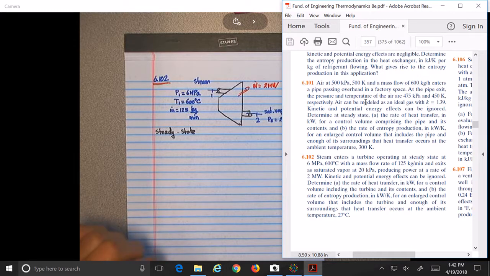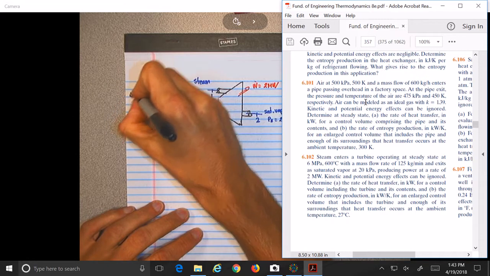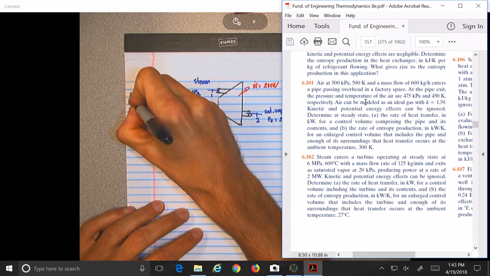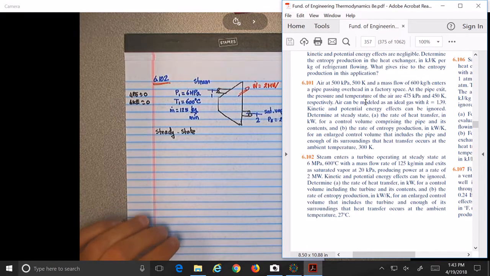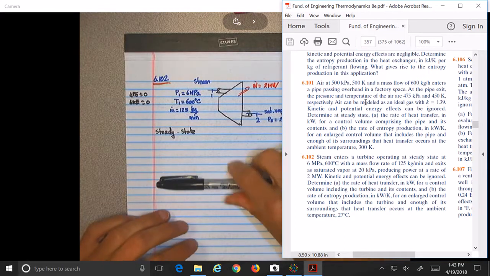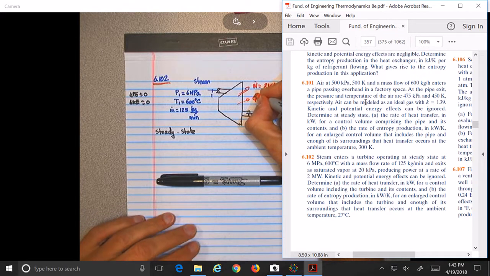So kinetic and potential energy can be ignored. Determine the rate of heat transfer in kilowatts for a control volume. So we need to find, what do we need to find? Q, okay, I don't know if it goes in or out, but Q.